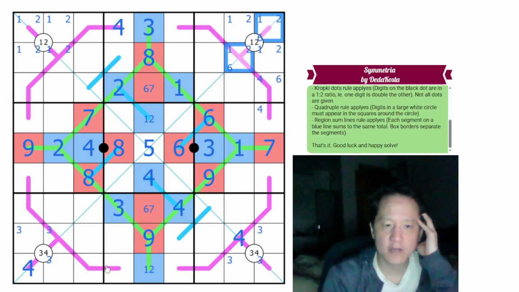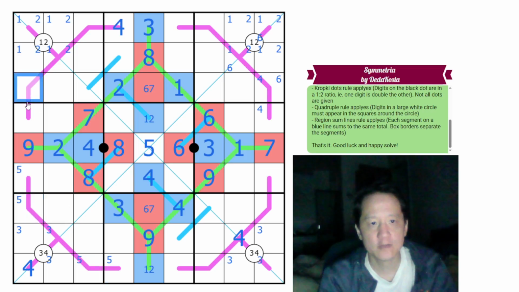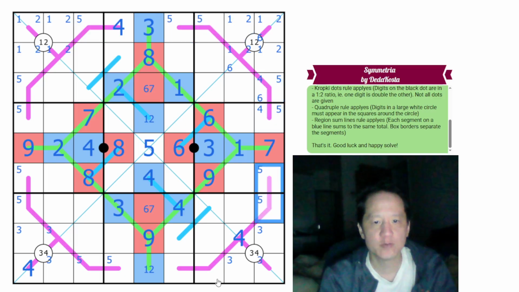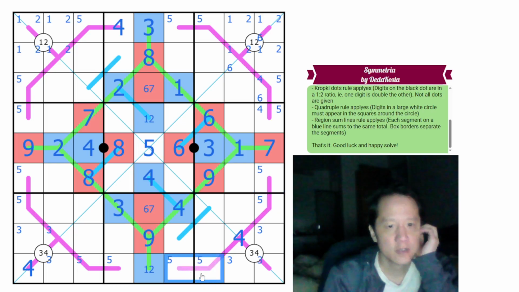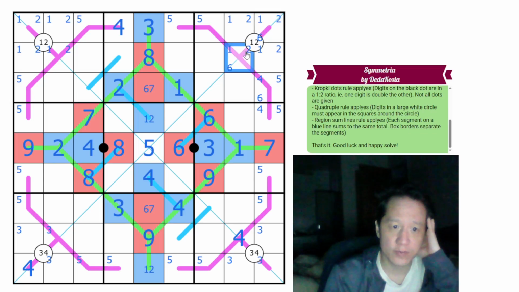So 5 has to be one of these two or one of these two. 5 has to be one of these two or that one. 5 has to be one of these two or this one. We know 6 is one of these 3.